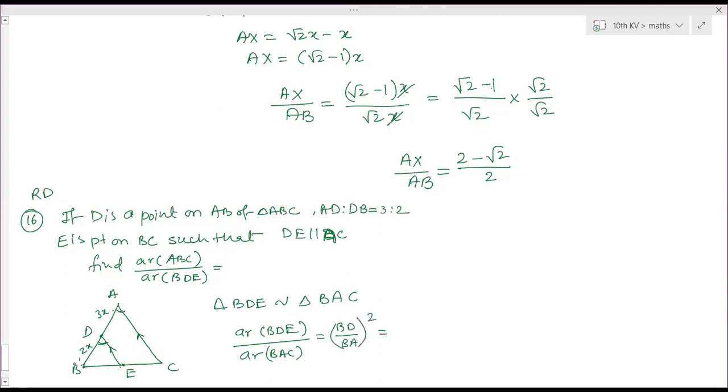Now what is BD? It's 2x. What is AB? AB is 5x, 5x whole square. So the x's get cancelled. 2 by 5 whole square is 4 by 25.